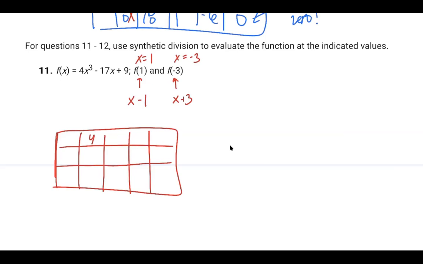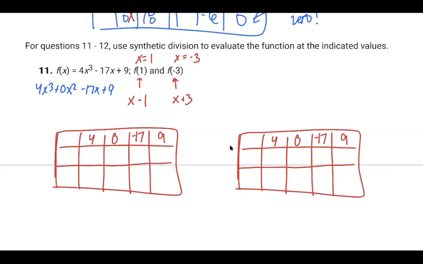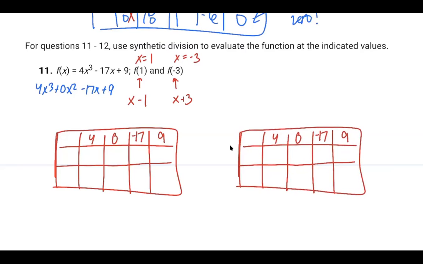I'm missing an x squared term. So I've got 4x cubed plus 0x squared minus 17x plus 9. Almost forgot a term there. All right, so this is saying 4x cubed, 0x squared, negative 17x, and then 9. All right, so I'm going to have two of the exact same things because I'm evaluating the same expression.